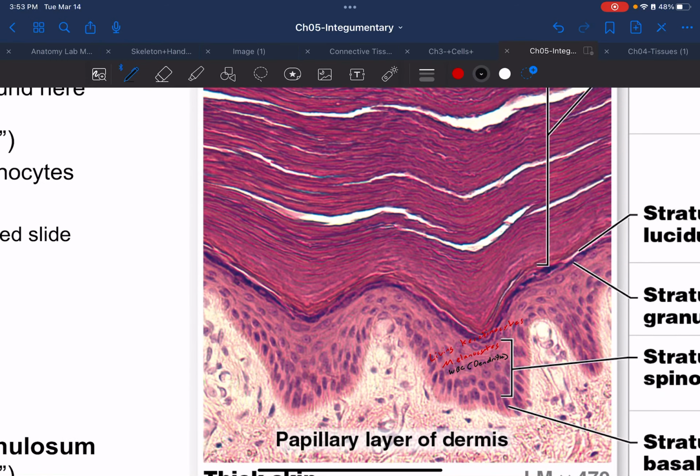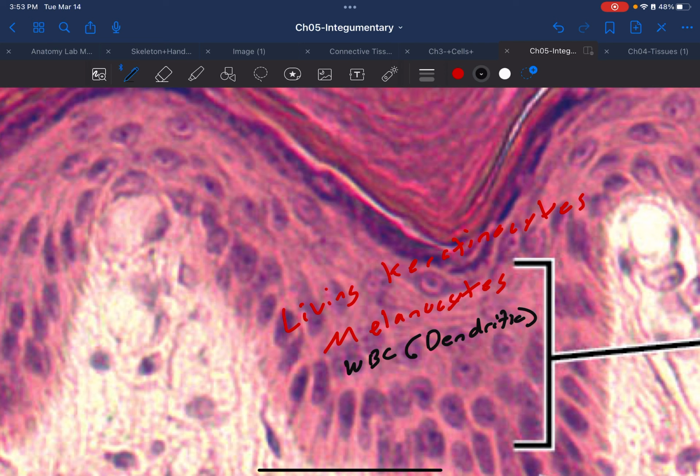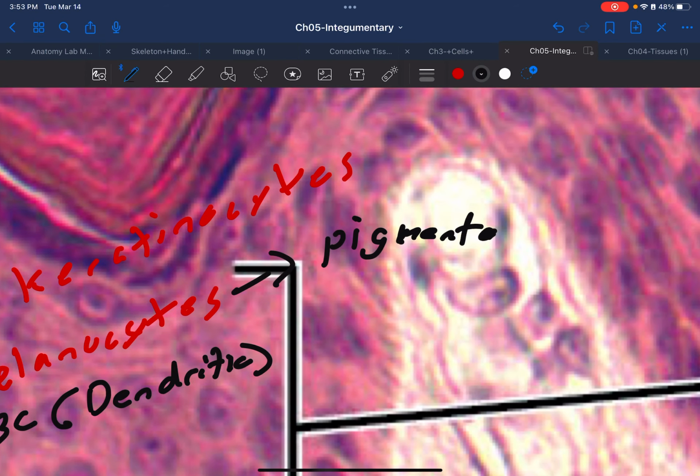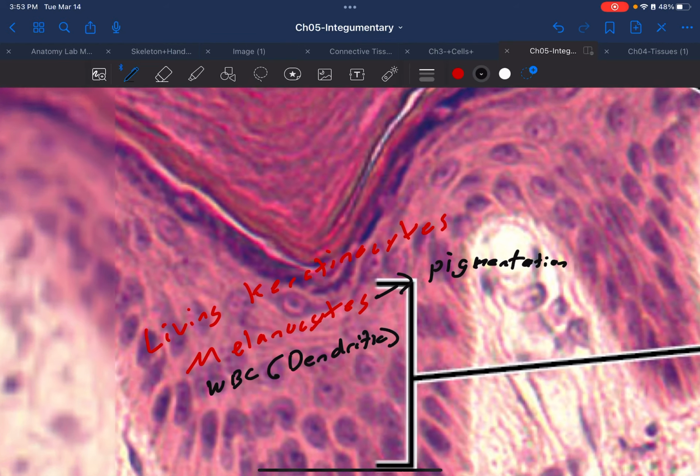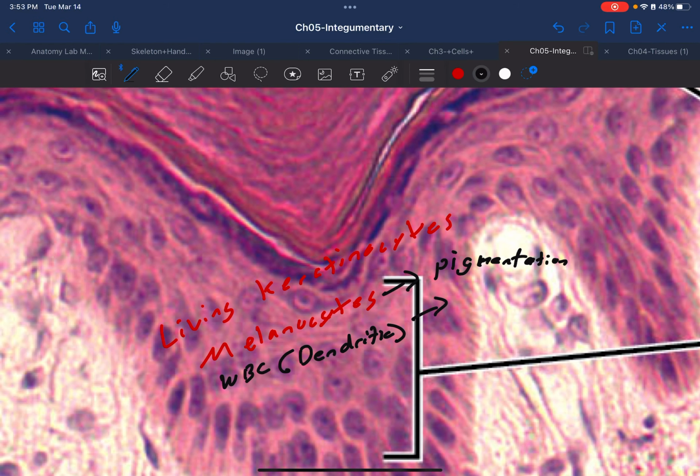And so you have living keratinocytes that have migrated upwards. You're going to have a cell responsible for pigmentation. And then dendritic cells, which are white blood cells involved in immunity.